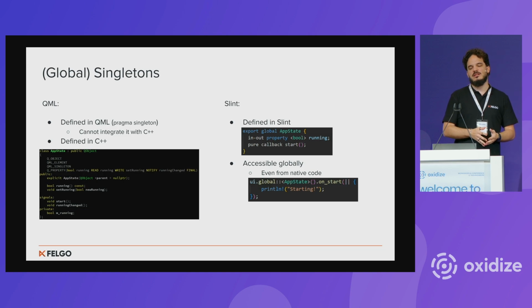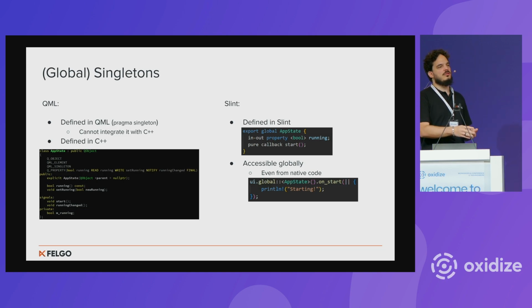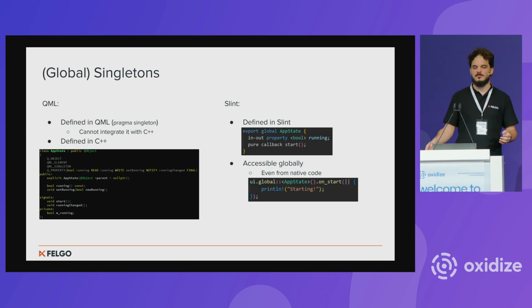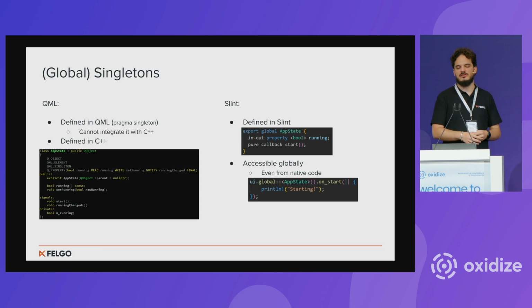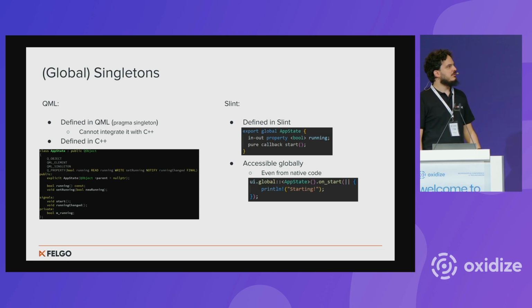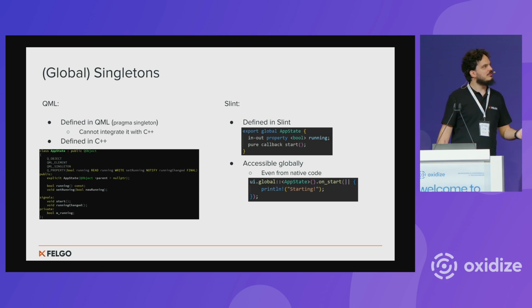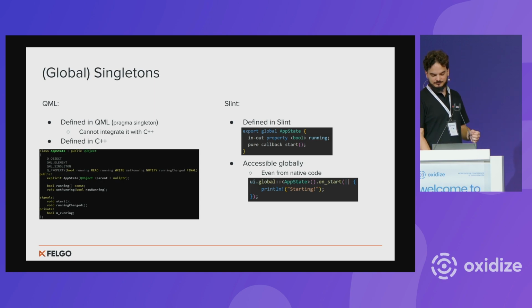While in Slint, you export a global component with some properties and callbacks, and this can be accessed globally either from native code or Slint code, and you can react to this. There you can see some syntax on how you use it from Rust, for example.